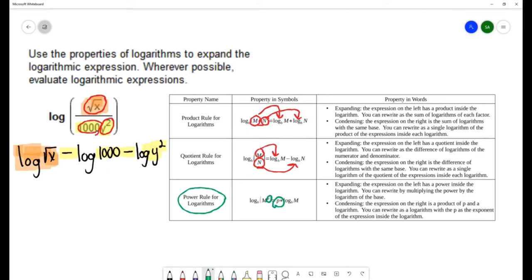So in this last term here, log of y squared, we have a power and exponent on that logarithm. So we're going to be able to use the power rule on that portion.